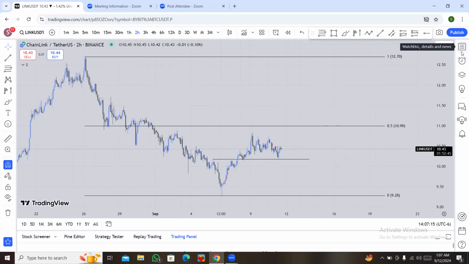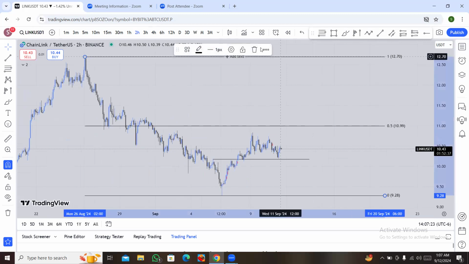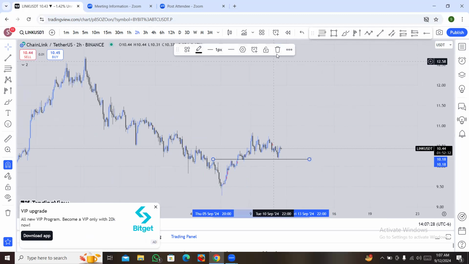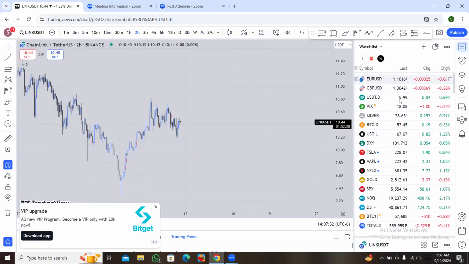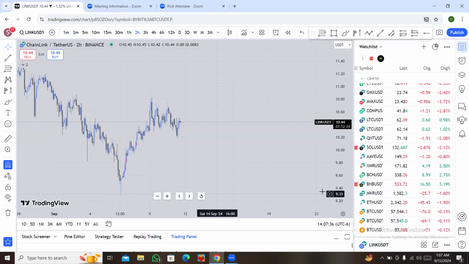So yes, this is how I mark advanced but simple ranges for myself. These three types of ranges I use in my daily trading strategies. I take decisions accordingly. The first one is a simple range, where price is in consolidation mode.